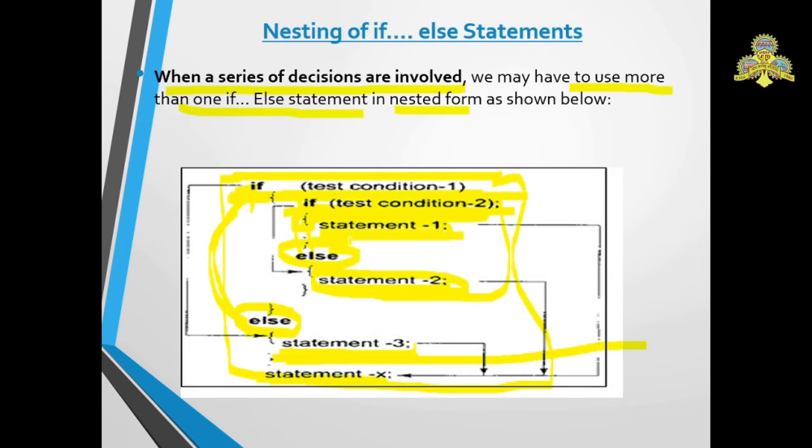Then in front of this brace, you can write the ending of true part of if statement. Then in front of this brace here, this is the ending of innermost if statement.